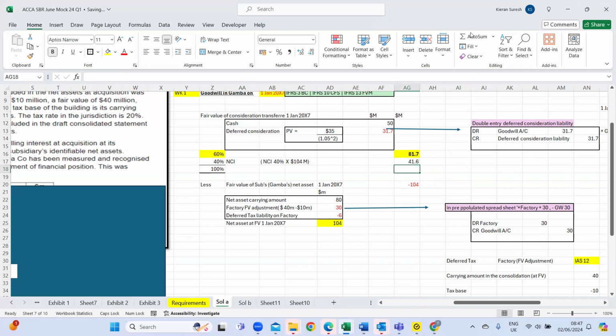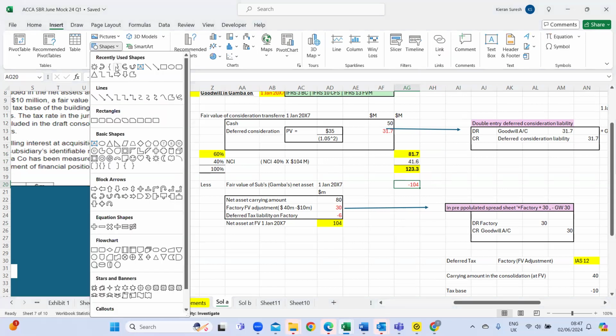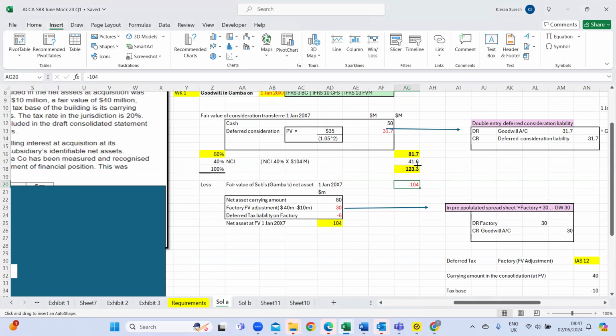Now, if I add these two, that is the total money we paid. The total that we paid is 123.3 for 100% of the subsidiary. I paid 81.7 and then the NCI paid 41.6. What did we buy? We bought the subsidiary net asset, which was worth only 104 million. Then the question here is, why did I pay more?